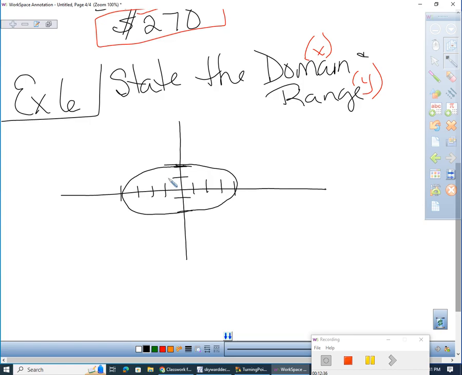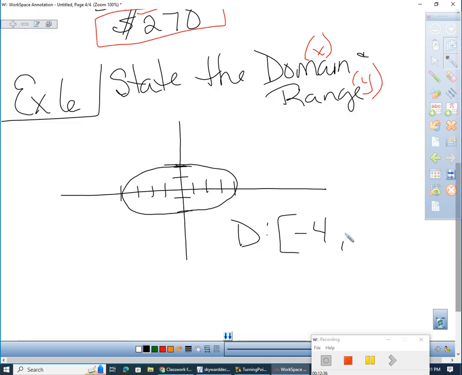Domain is my x value. What's the very smallest x value I have up there? X values go this way, right? So all the way to the left, what's the very smallest x value I have? Right? And it's on, if my drawing was good, it's on -4. So we're going to put a bracket, -4.